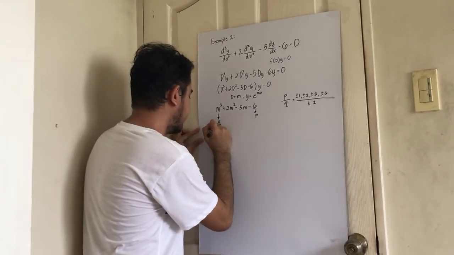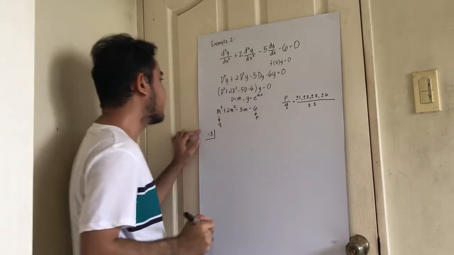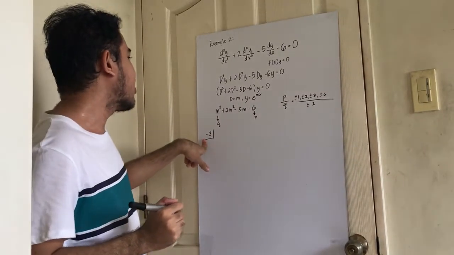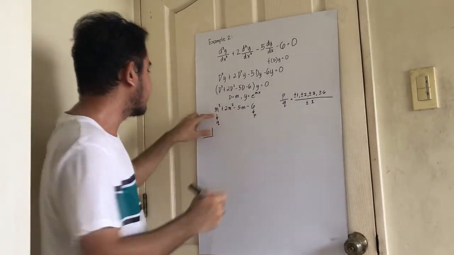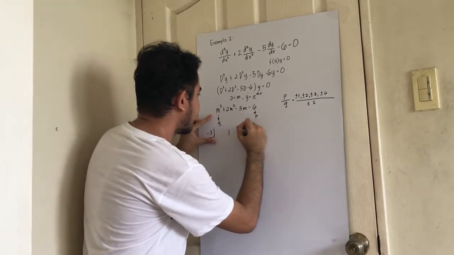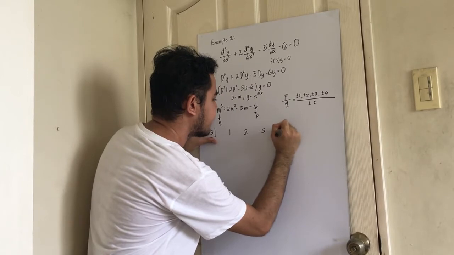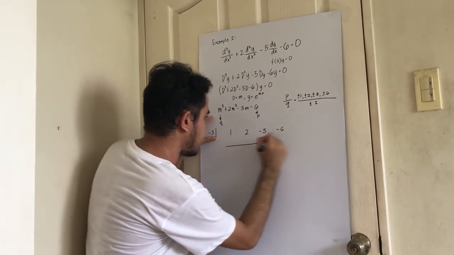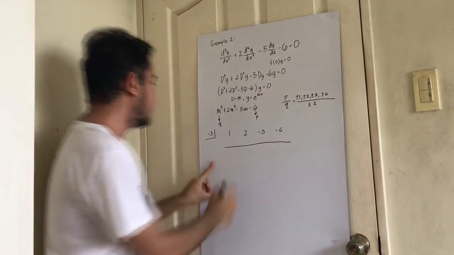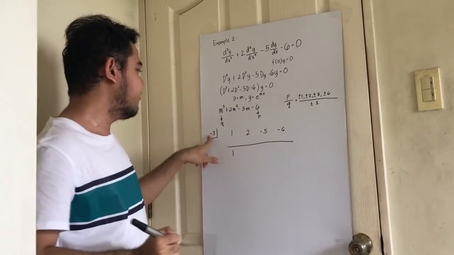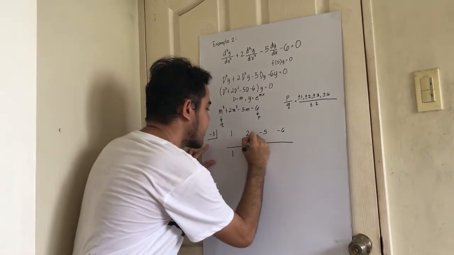So negative 3. Then just copy the coefficients here, which are 1, 2, negative 5, and negative 6. Then bring down 1. 1 times negative 3 is negative 3.